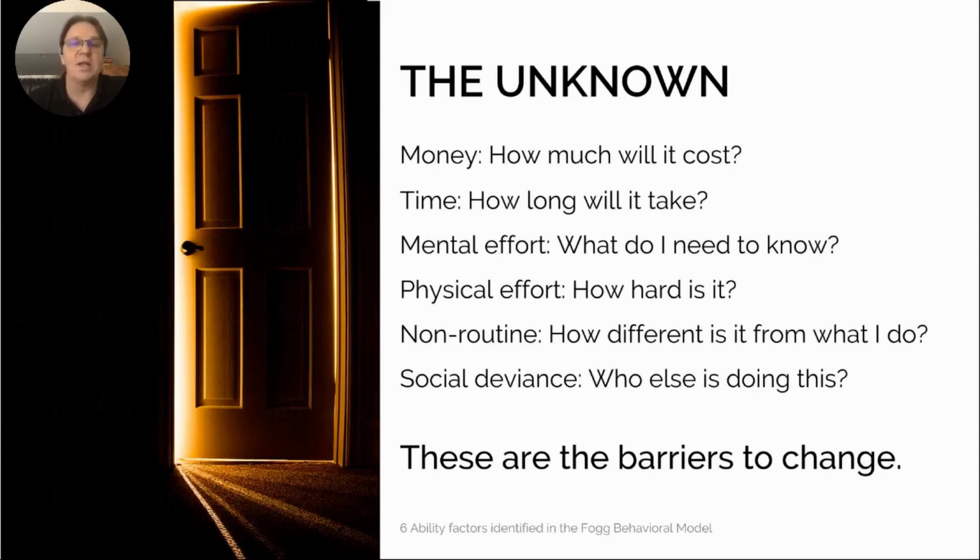How much money will this cost? How long will this take? What do I need to know? How hard is it? Is this different from what I always do? Or who else is doing this? These are all factors that play into whether or not we're going to be willing to engage in a change. These become the barriers to change for us if we don't address them well.